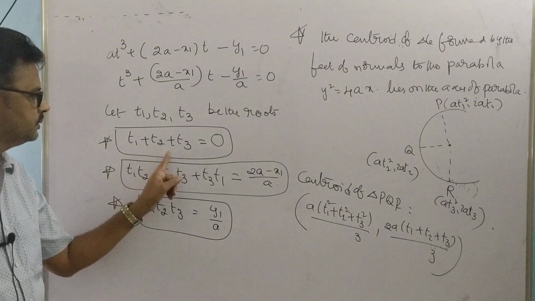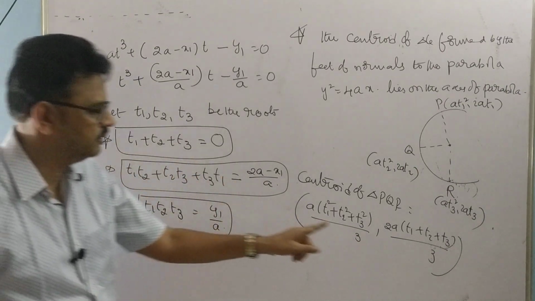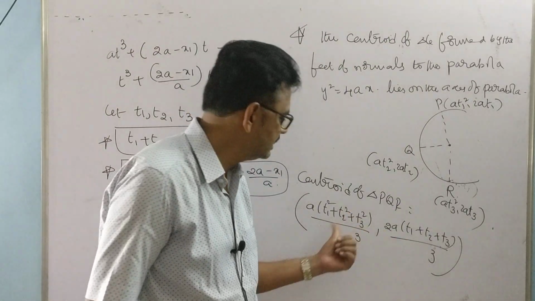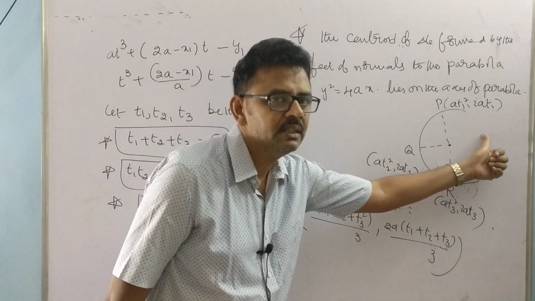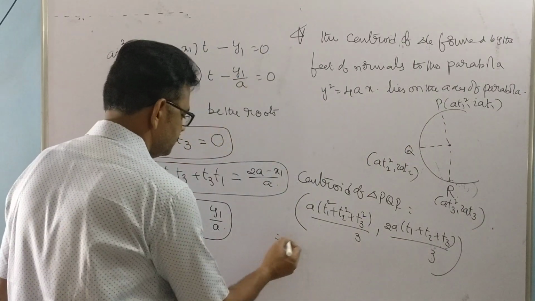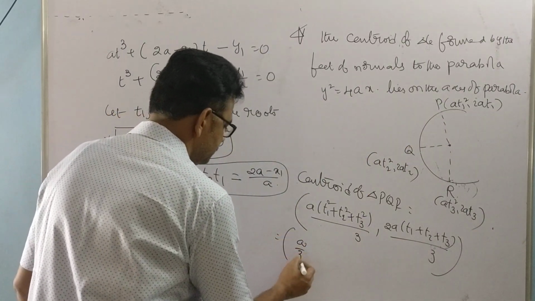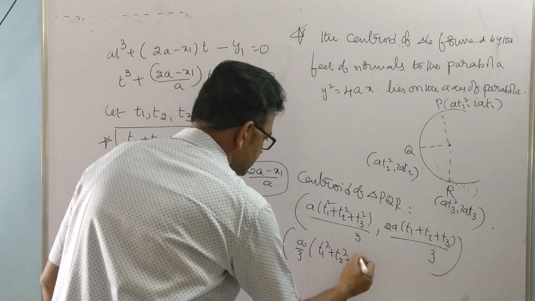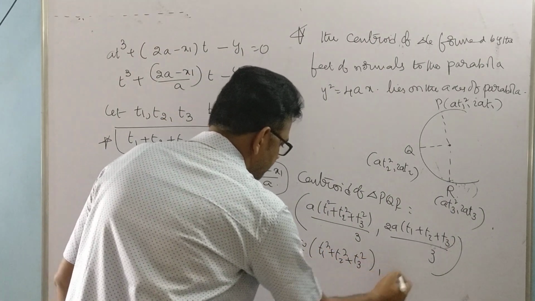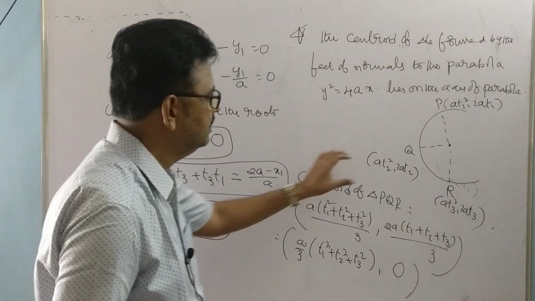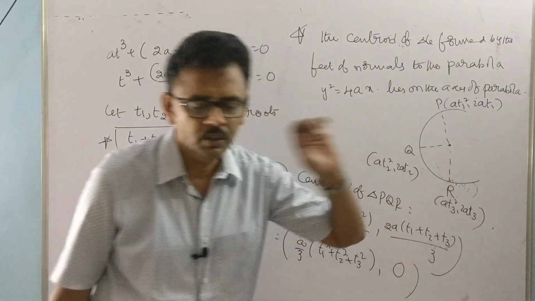So t1 plus t2 plus t3 is equal to 0. Therefore the y coordinate is 0. Therefore the centroid lies on the axis of the parabola, that is the x-axis. That is equal to (a by 3)(t1 square plus t2 square plus t3 square), 0, which lies on the axis of the parabola.